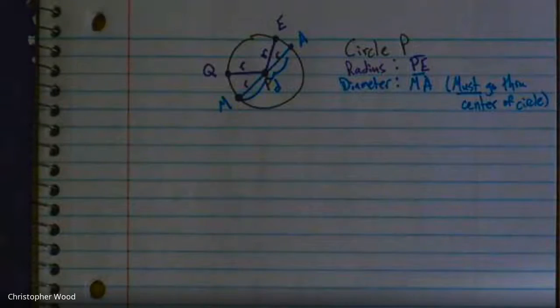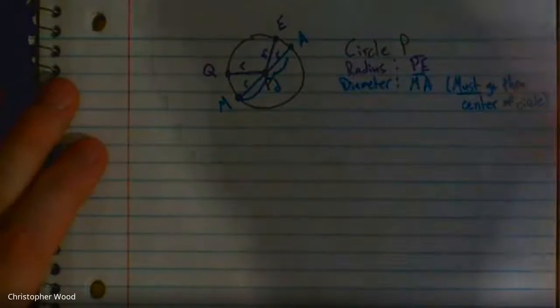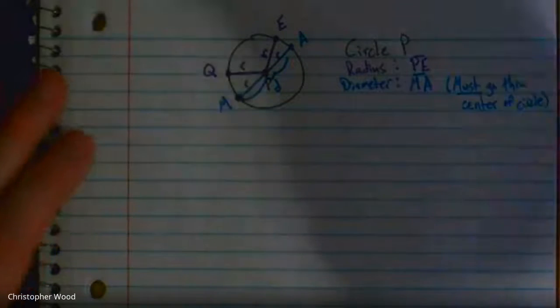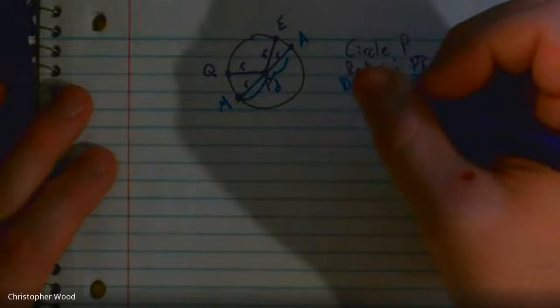So 2 radii create 1 diameter. And that's a special relationship that we have. So the radius is always equal to half the diameter, or vice versa. The diameter equals 2 radii. So I'm just going to write those two equations down. Those are really important for solving, and we'll get to a couple examples real quickly.